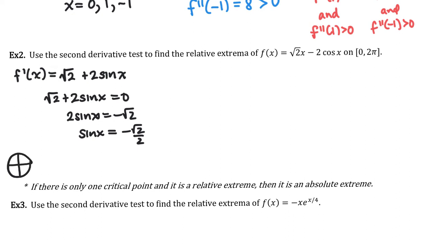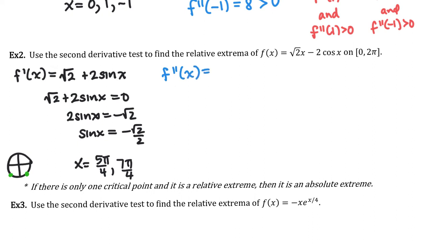Sine is the y coordinate, which is going to put me down here and down here. So that's going to be at x equals 5 pi over 4 and x equals 7 pi over 4. Okay, let's go ahead and check the second derivative and see if that will tell us if these are relative maximums or minimums.